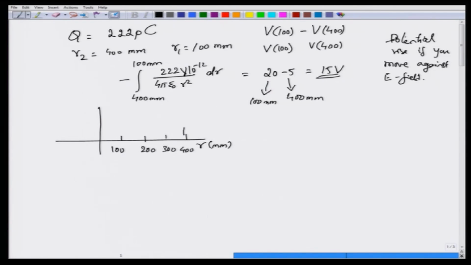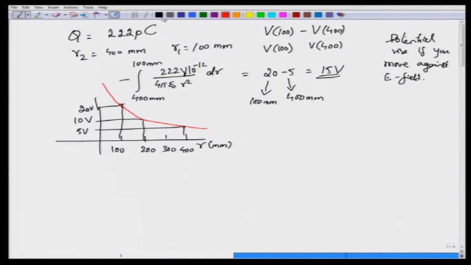At 400 we already know the answer, 5 volt, and at 100 we have 20 volt. If you were to find the potential at 200 millimeter from the origin, you are going to find that this will be about 10 volt. And the potential is actually going as 1 by R.